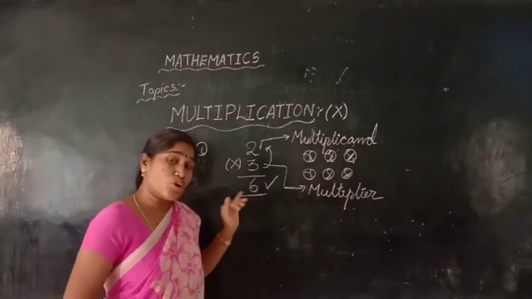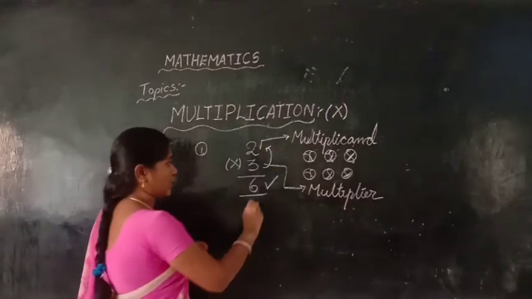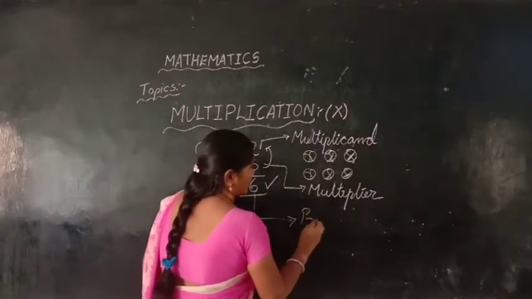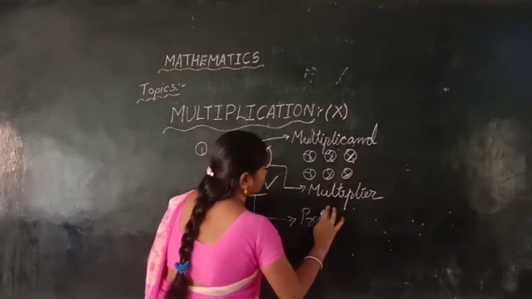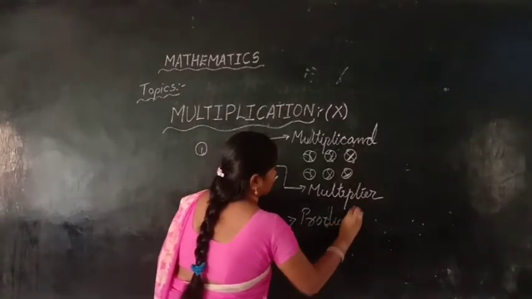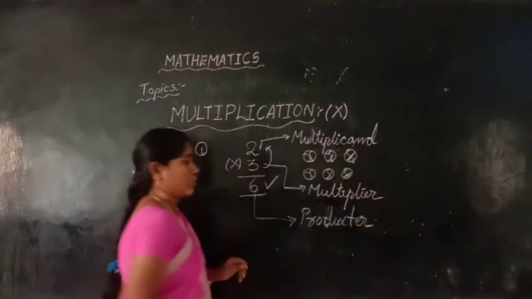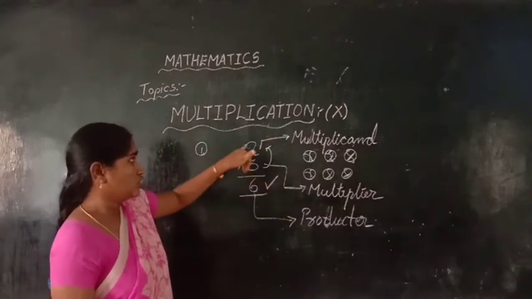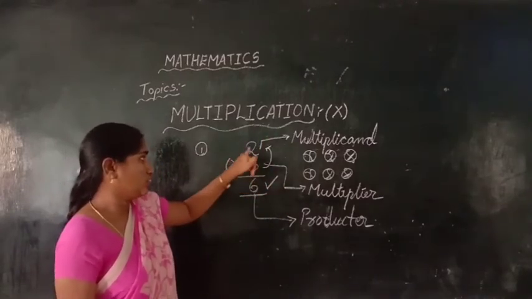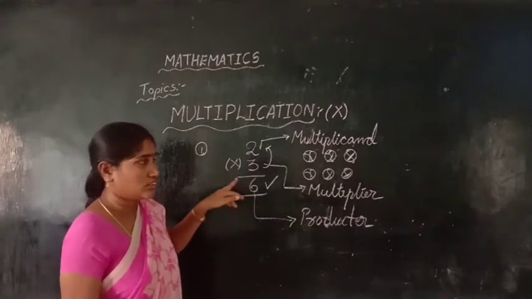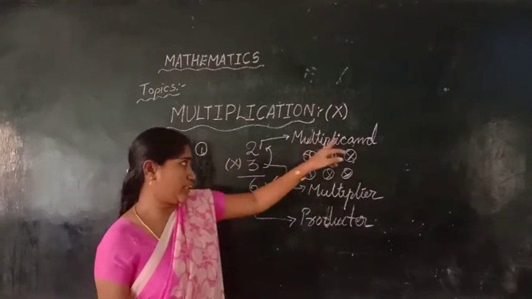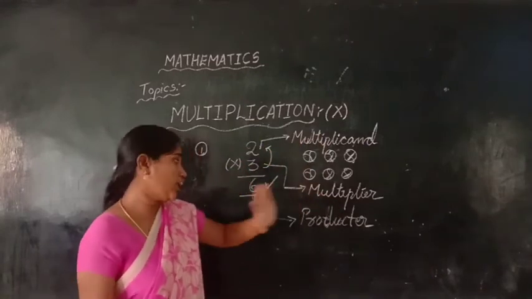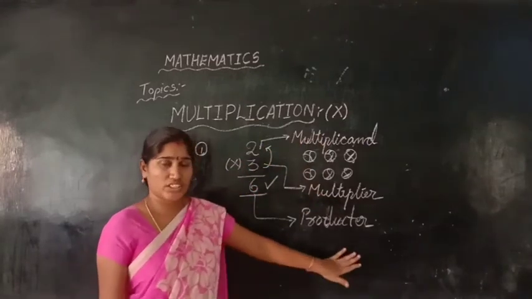And what is the product here? Yes, correct. The answer is 6. That means 6 is the product. Understand children how to do the multiplication? 2 into 3. Answer is 6. 2 is called multiplicand. 3 is multiplier and 6 is product.